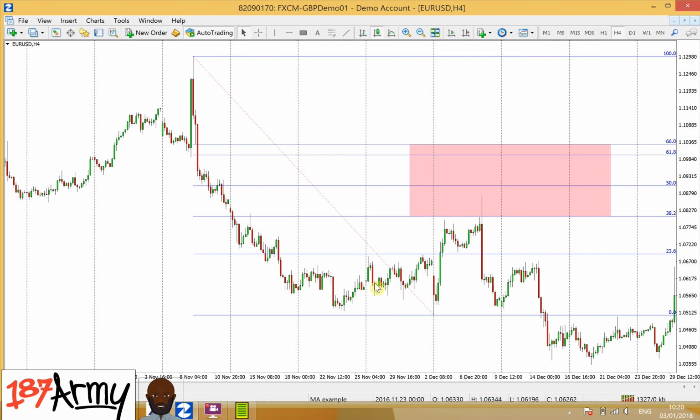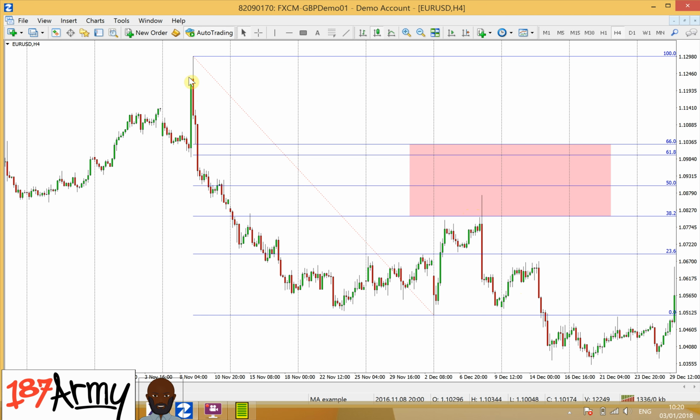But the way Fibonacci can be used, it can be used as a method to scale in. So what that means is, if you've already entered short at this level here, you could say once price does enter my bearish level, I can sell the market again here and wait for my profits to run.